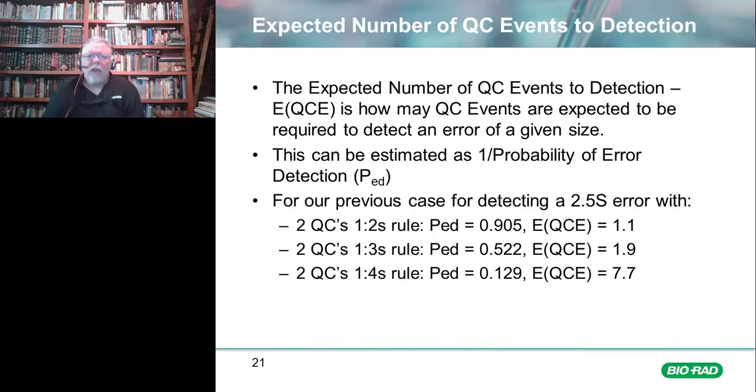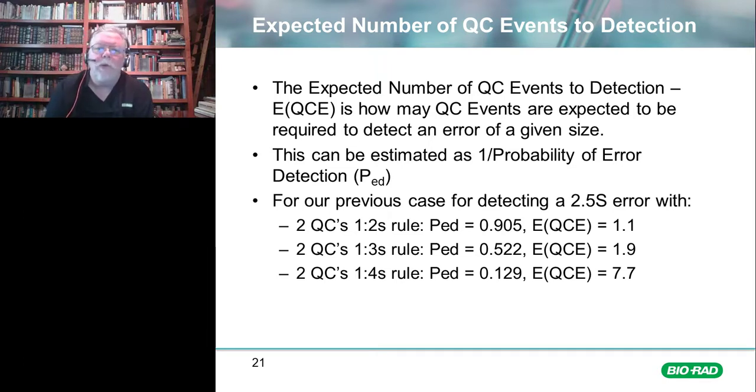Well, this gives us a metric that we look at a lot, which is called, for a given error condition, what is our expected number of QC events to detection? How many QC events is it going to take before I actually get a rejection? And this is simply the inverse of the probability of error detection.